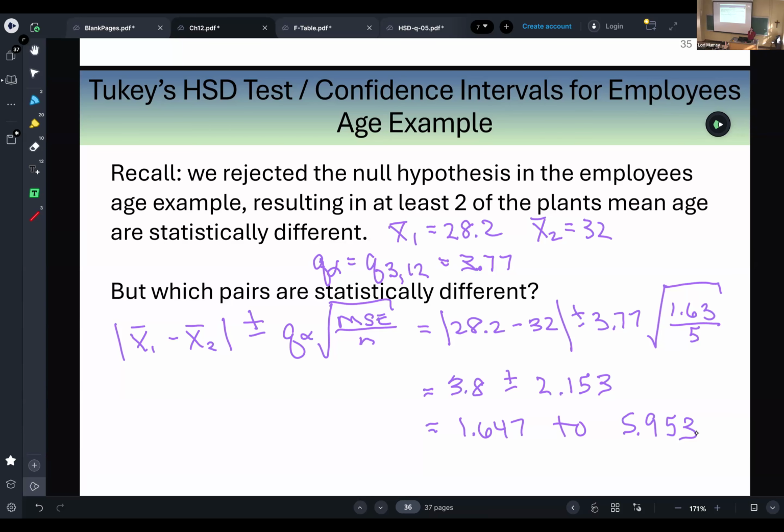Are they significantly different? Are the ages of plant 1 and 2 significantly different based on this confidence interval?